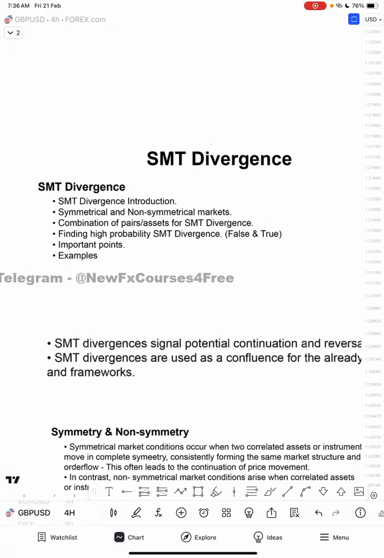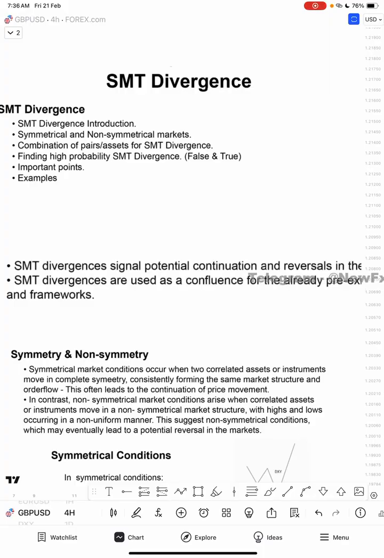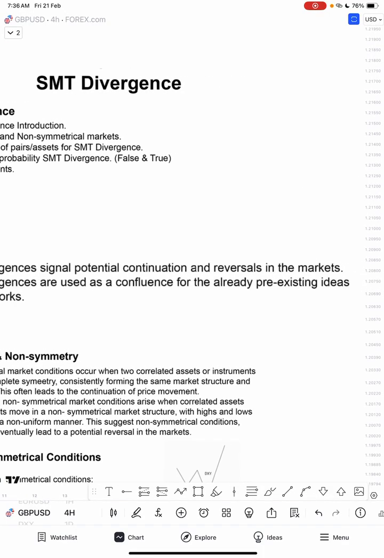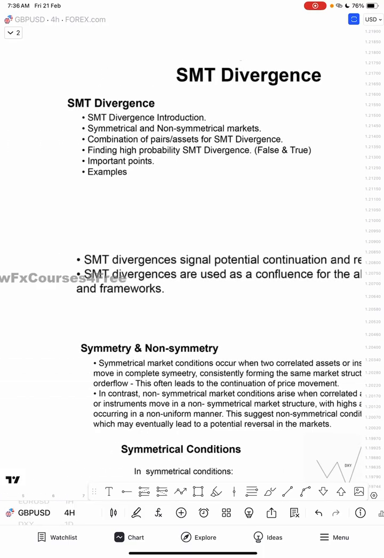So today we're going to be talking about SMT divergences. We're going to be talking about the introduction and types of SMT, combinations of SMT, and finding high probability SMT divergences. SMT divergences signal potential continuation and reversals in the markets.